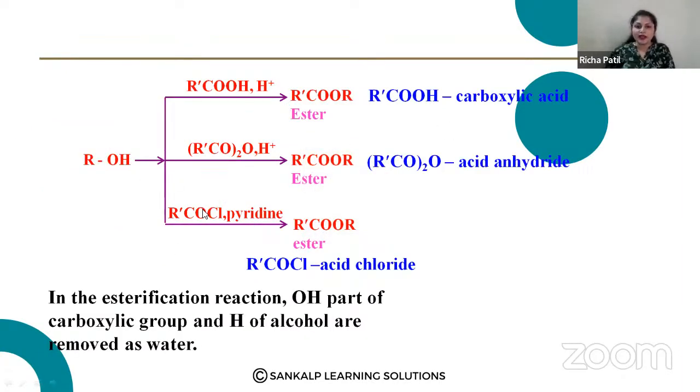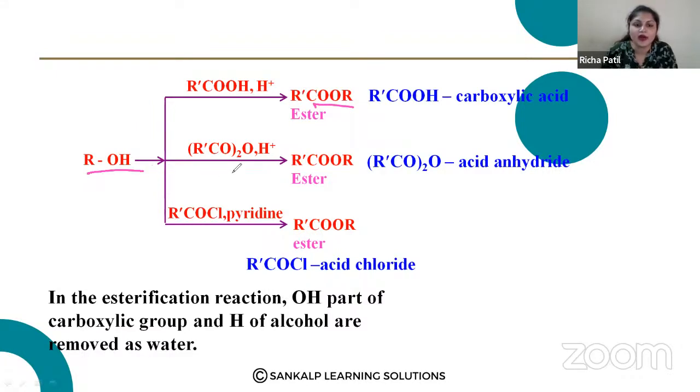So if you take alcohol and react it with carboxylic acid in the presence of H plus ions, you yield an ester.